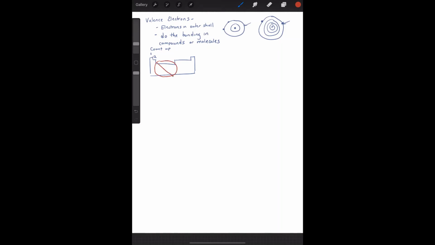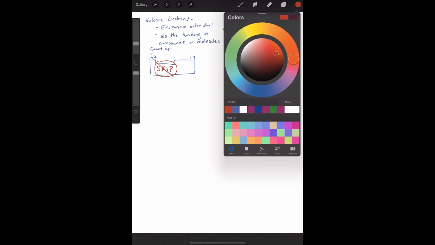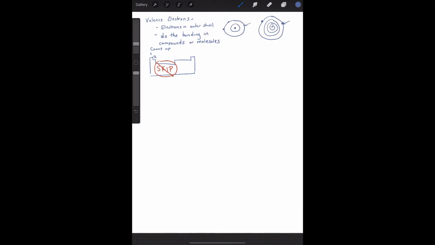So I'm going to write skip right there, and then I'm going to carry on with the rest of my counting: 3, 4, 5, 6, 7, 8, and that's the number of valence electrons.